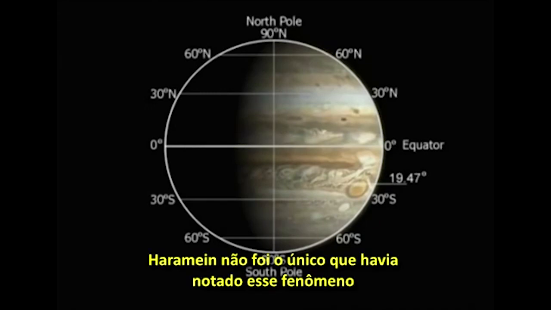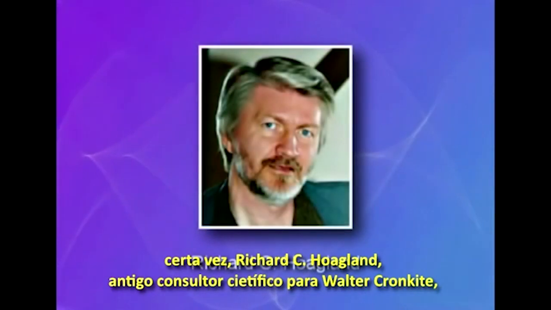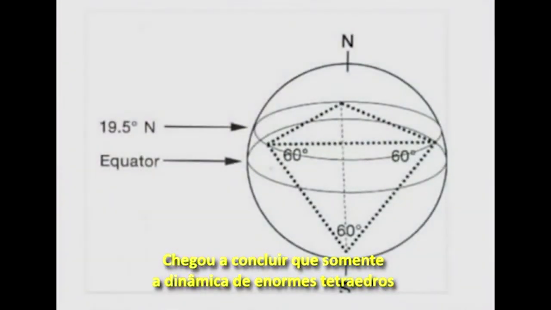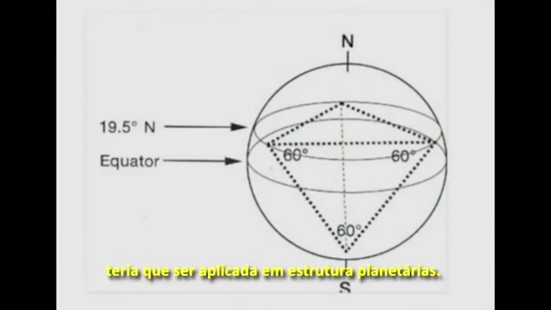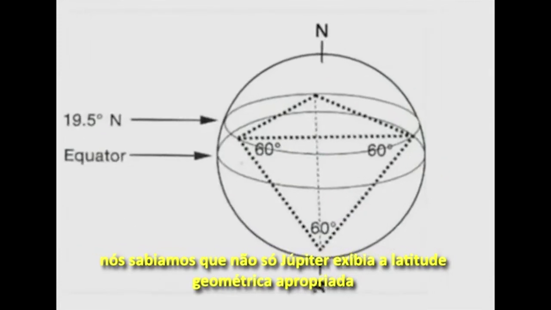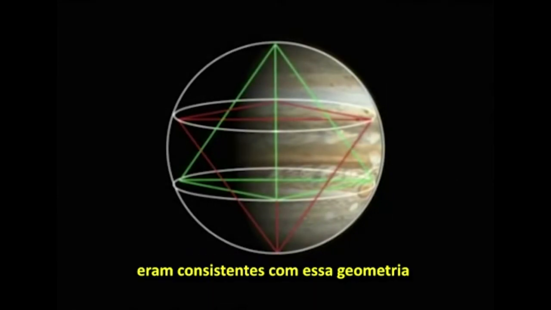Haramein was not the only one to have noted this phenomenon. At the time, Richard C. Hoagland, former science consultant to Walter Cronkite, CBS News, CNN, and NASA, had come to conclude that some hyperdimensional tetrahedral dynamics had to be at play in planetary structures. He noted that not only did the red spot on Jupiter exhibit the appropriate geometric latitude, but that many other planetary energy events were consistent with this geometry.